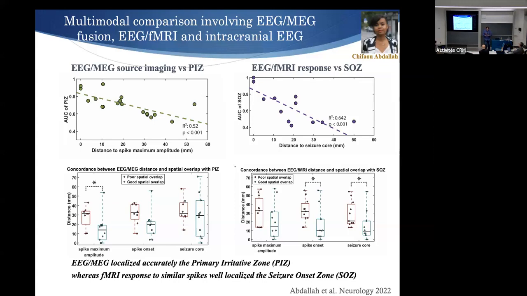In MEG, you will see a spike when neurons are highly synchronized. But they might be highly synchronized here, while the generator that consumes more energy is elsewhere, which seems to be in the seizure onset zone, even if you don't have the seizure yet. And once you have the seizure, it's been reported with EEG-fMRI during the seizure that you get a very, very strong response there. So this is the gap between synchronization of neurons and metabolism. This is your explanation. I think it's that. Okay.